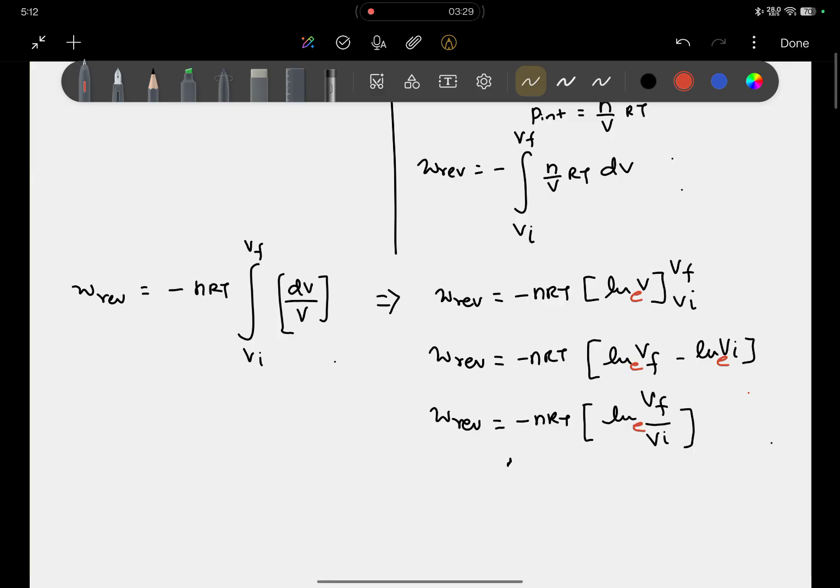If you want to convert it to base 10, you have to write W reversible is equal to minus 2.303 nRT into log Vf by Vi. Here the base is 10.